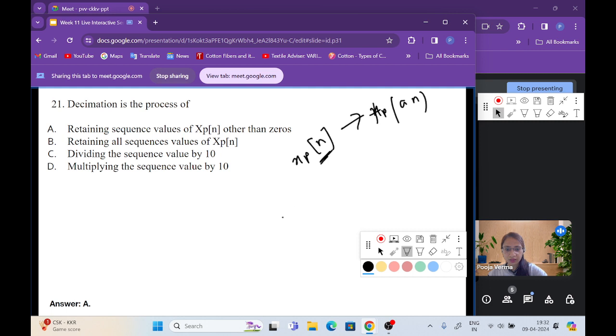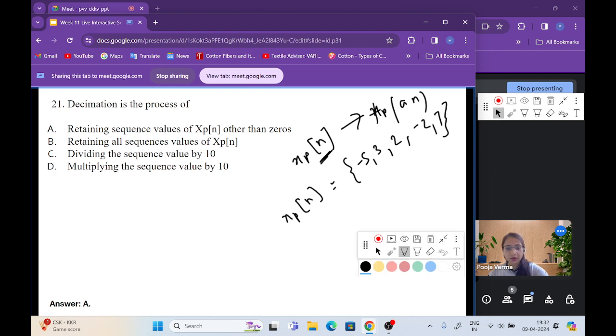Let's say the sequence x[n] is given as -5 2 3 2 -2 7, and we need to decimate by a factor 2.